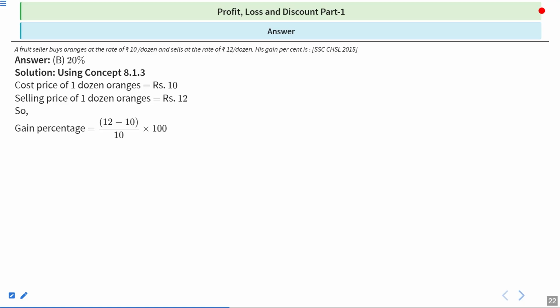So the gain percentage becomes 12 minus 10 upon 10 into 100, because gain is selling price minus cost price. So gain becomes 12 minus 10 upon cost price, which is 10, multiplied by 100. When we simplify it, we get 20% gain. So B is the correct answer. Next one.